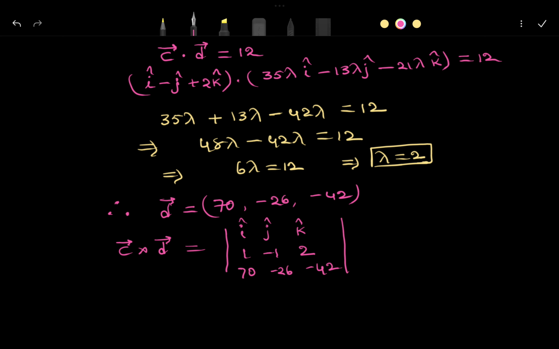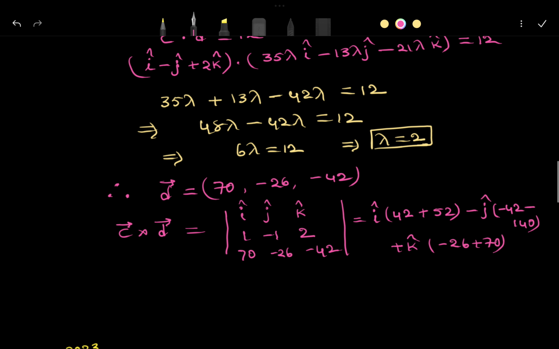So by expanding, this will be i cap into (42 plus 52), next minus j cap into (minus 42 minus 140), and next plus k cap into (minus 26 plus 70).